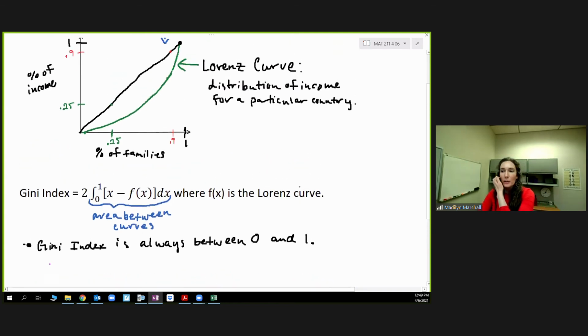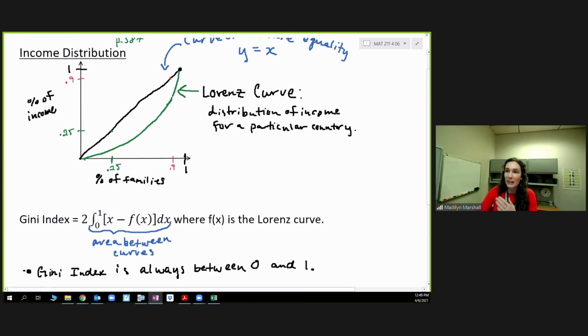So 0 would be the case where the Lorenz curve is actually the curve of absolute equality, so there's no area between them. The 1 would be the biggest area where we have absolute inequality, where literally only one person has all of the income. Of course, 0 and 1 are not really achieved. It'll always be between those.